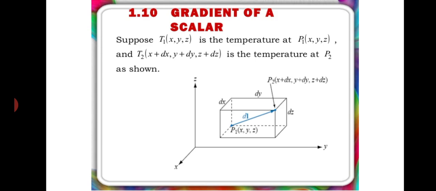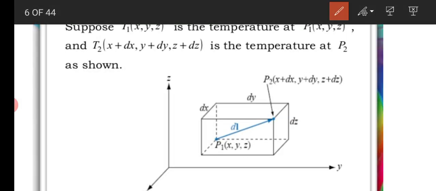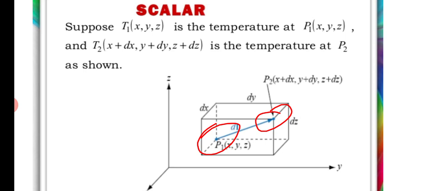So T1 is the temperature here, T2 is the temperature here, at different coordinates. The P2 coordinate differs by some perturbation value: we have added some displacement in x, y, z and arrived at point P2 from point P1.